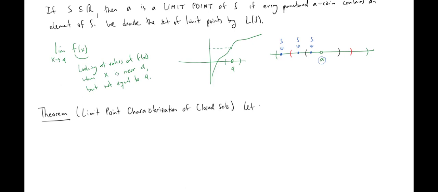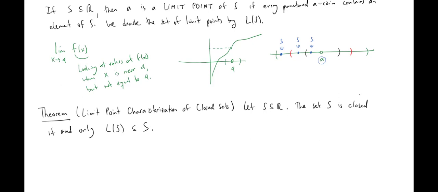We let S be some subset of R. The set S is closed if and only if it contains all of its limit points. So if and only if L of S is contained in S.